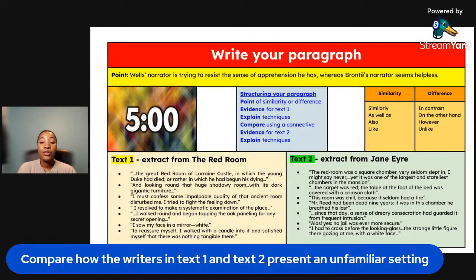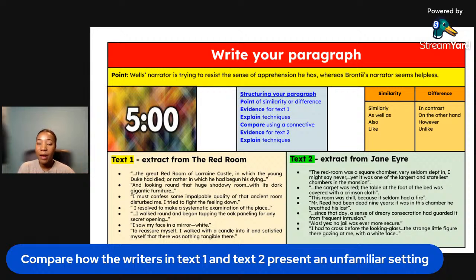Okay, so again, it's the same structure. Your first sentence, I'll emphasize once again, should be noting a difference or similarity. Your first sentence should be comparing. So avoid starting with "In text one, the narrator shows," then writing a whole paragraph about text one, and then doing a separate one.